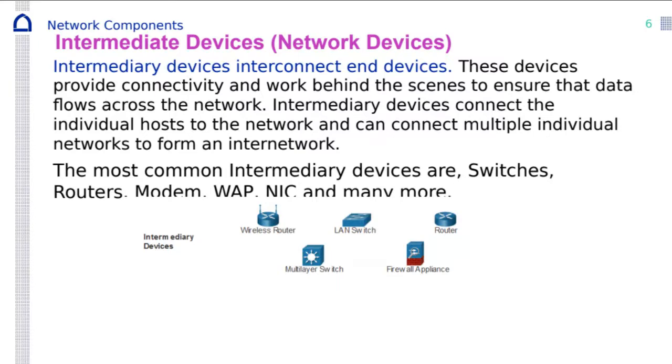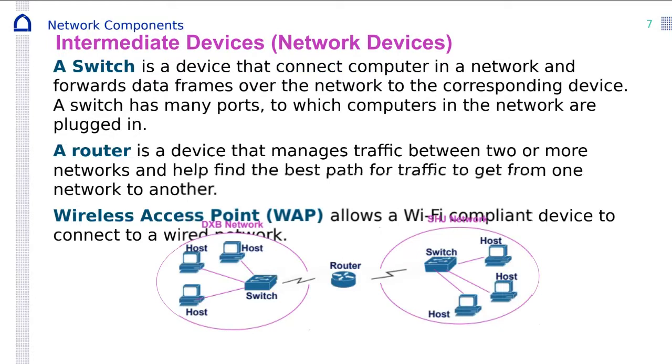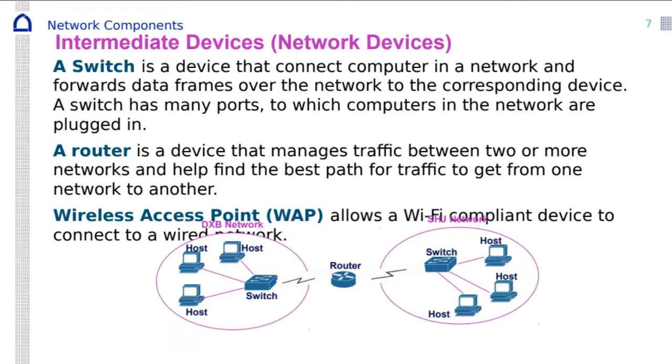Examples of these intermediate devices: wireless router, multi-layer switch, LAN switch, router, firewall appliance. Let's talk about some of these network devices.